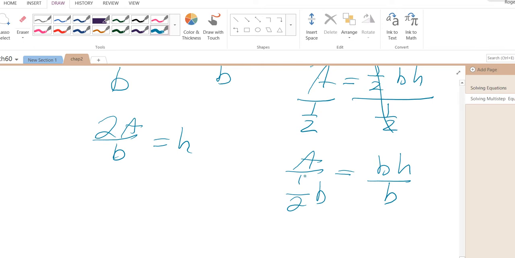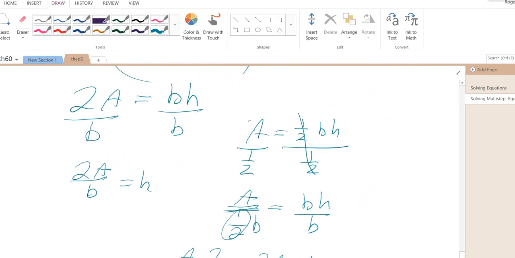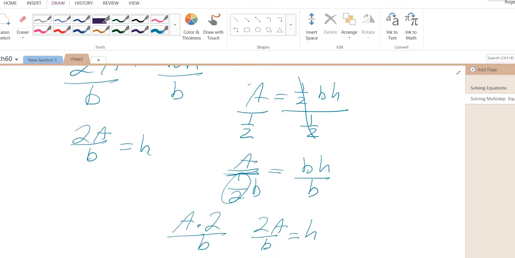However, if you divide by 1/2, that means you're going to multiply a by 2. So you see you get the same thing in the end. So either way will work. Might be a little easier to use this idea that Eric had, but either way is going to get you there. Again, you just got to find the way you understand.